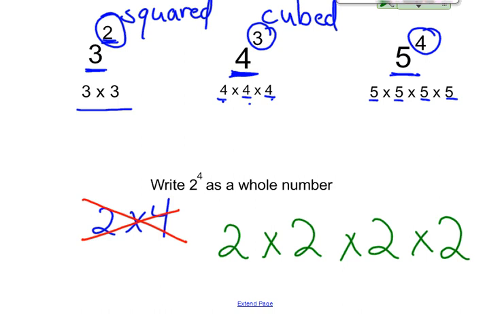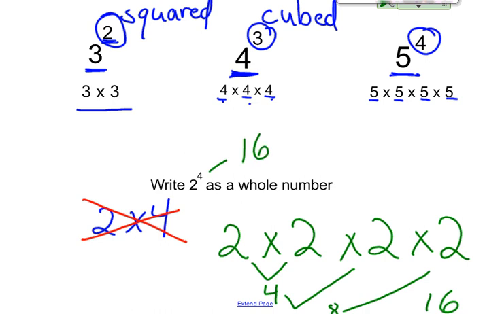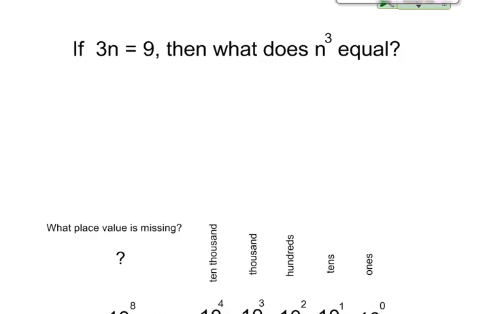And so we can solve this problem. 2 times 2 is 4, times another 2 is 8, times another 2 gives us 16. So in the end, 2 to the 4th equals 16. That's our first underlying idea.